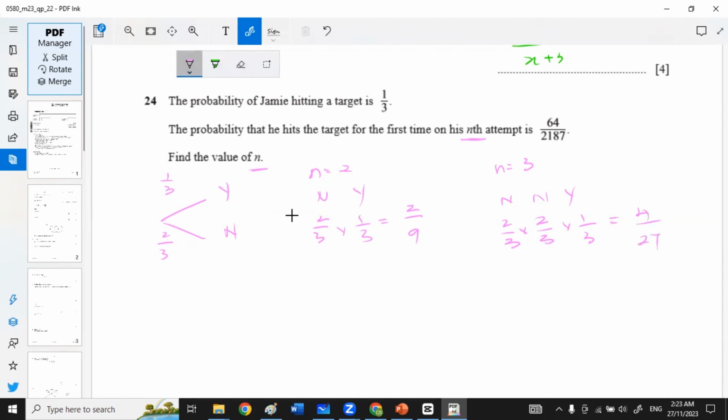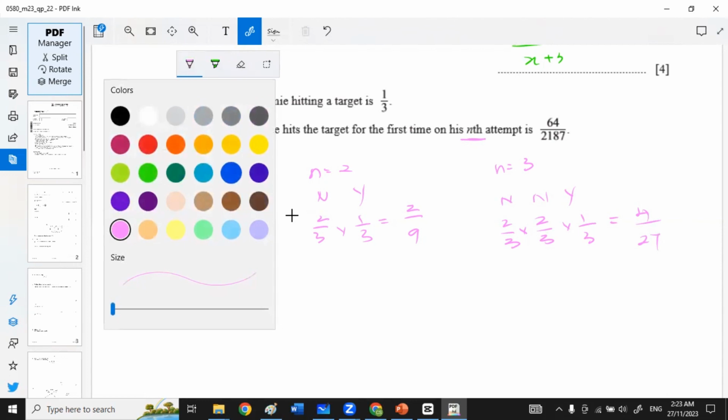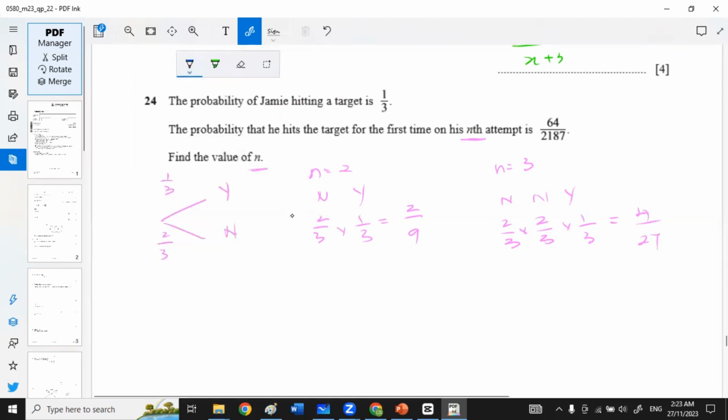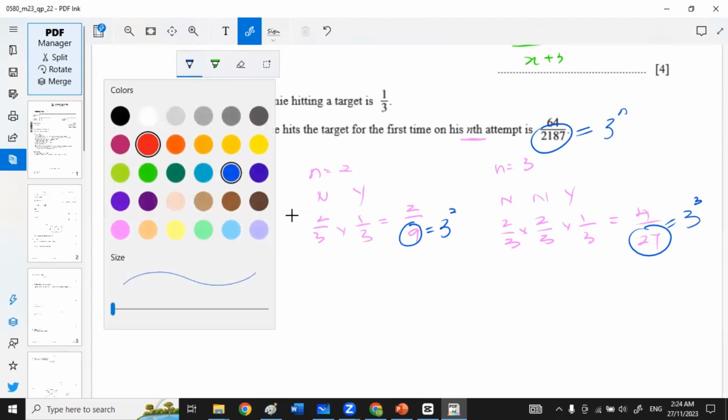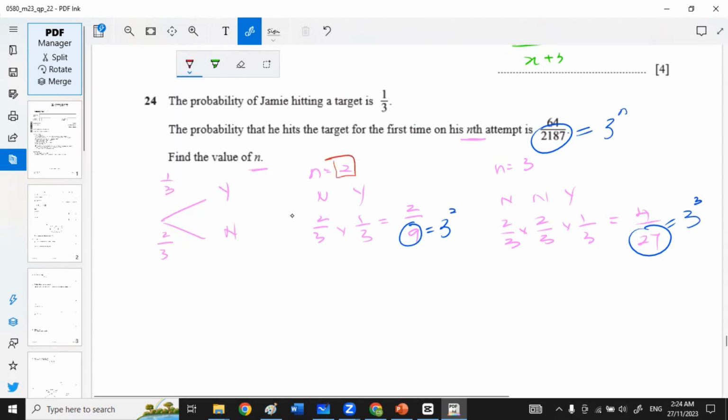From here, if you look closely, you should be able to notice that the denominator here, 9, is 3 squared, and this is 3 cubed. Okay, so 2187 should equal 3 to the power of n. Here, if n is 2, then this is 2.